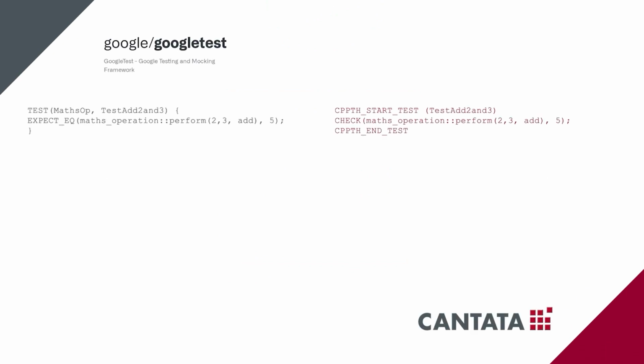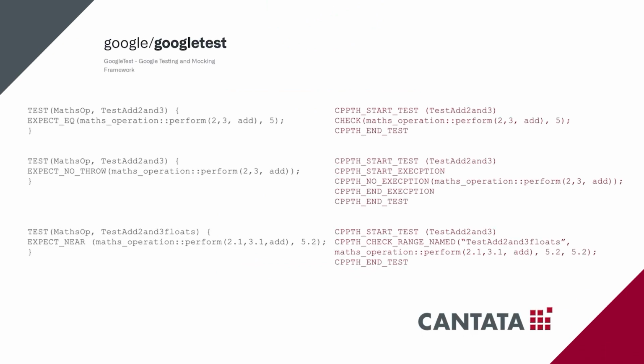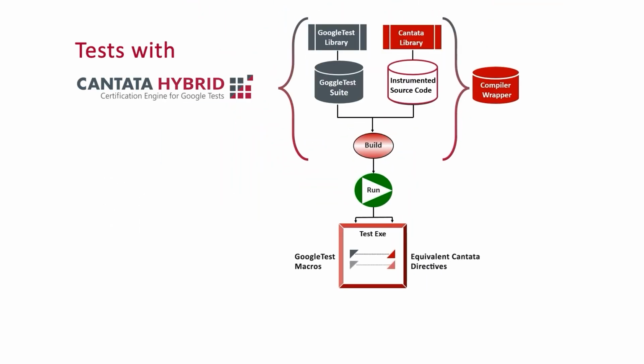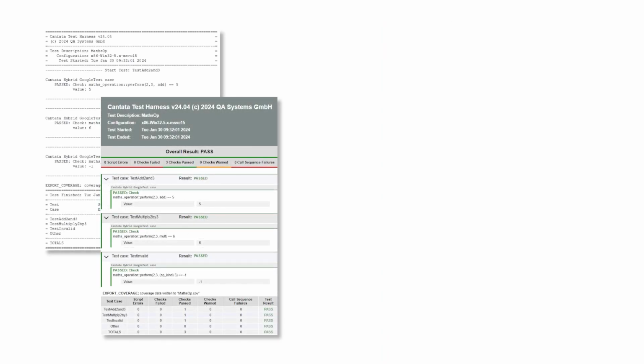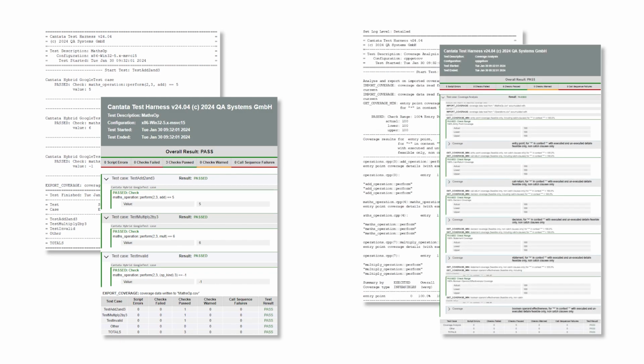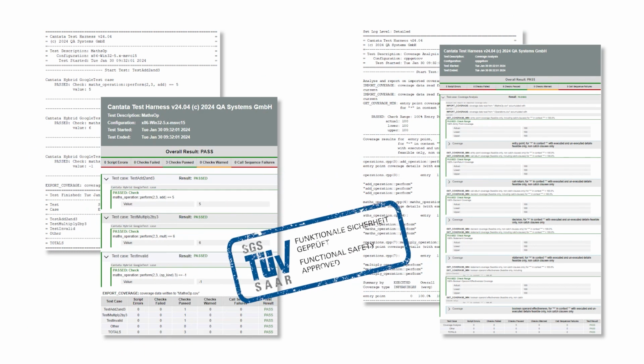This parallel execution is possible because the Google Test Framework matches the Cantata core technology test harness. When the Cantata Hybrid Test executable completes, both the Google Test results and Cantata results including code coverage are reported. The detailed test and aggregate code coverage reports generated in ASCII and HTML formats are suitable as certification evidence of unit testing for all functional safety standards.